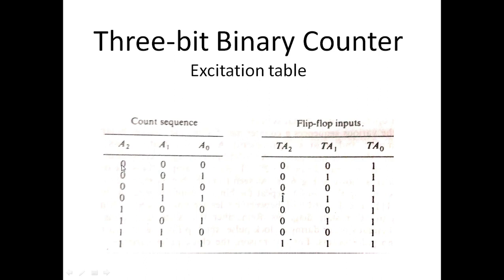If we look at these bit sequences, every bit either remains the same or it inverts. For example, here when we move from this state to this one, this bit inverts, and the other 2 bits remain the same. 0 remains the same, 0 remains the same.